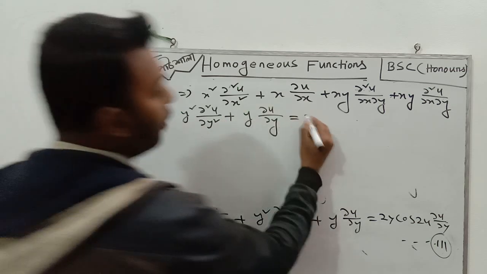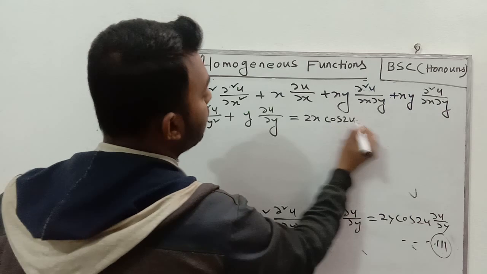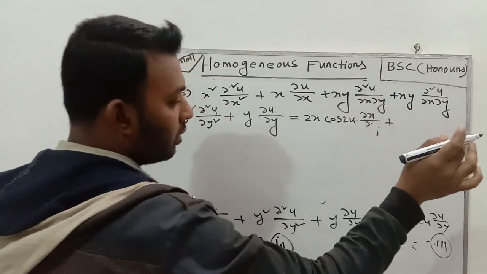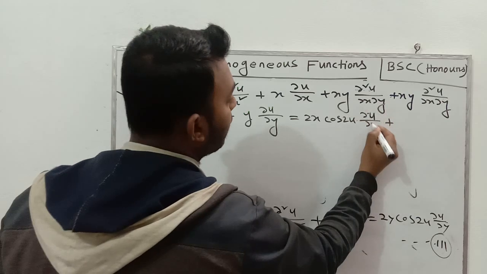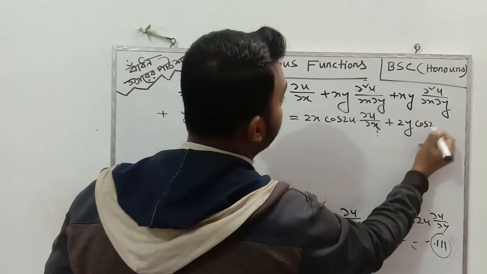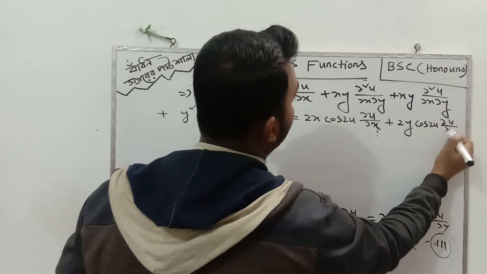This is equal to 2x cos 2u ∂u/∂x and 2y cos 2u ∂u/∂y.